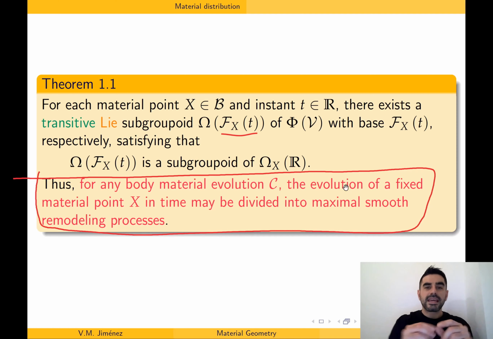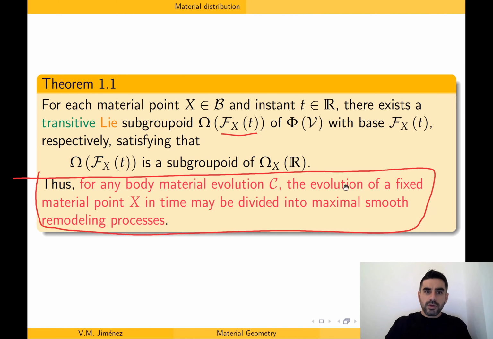We can divide the whole R into pieces in which over each of these pieces the evolution is exactly a smooth remodeling.